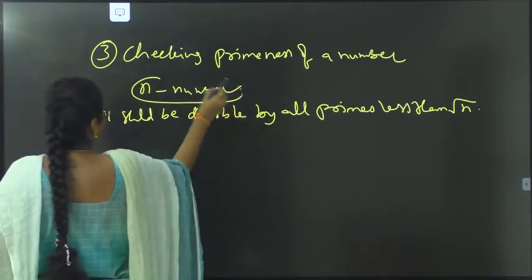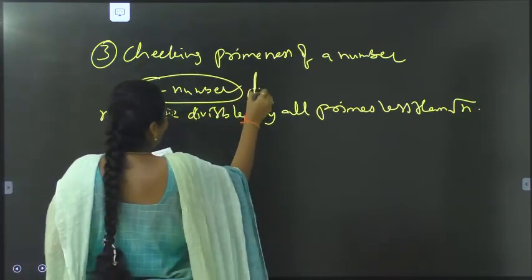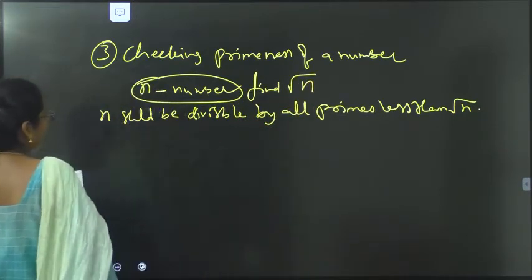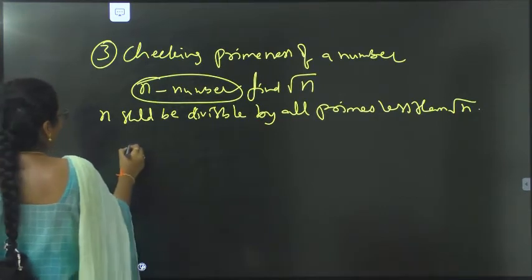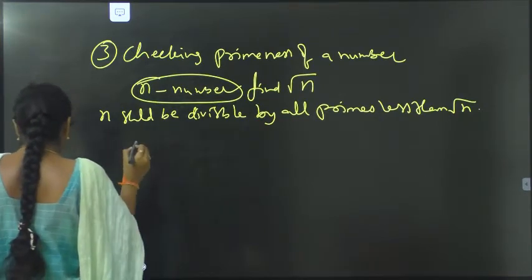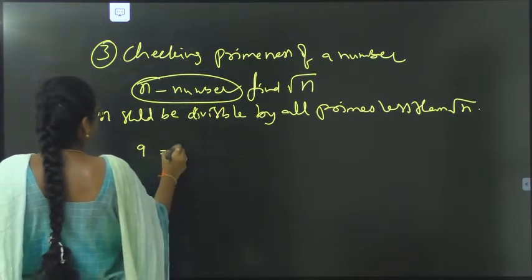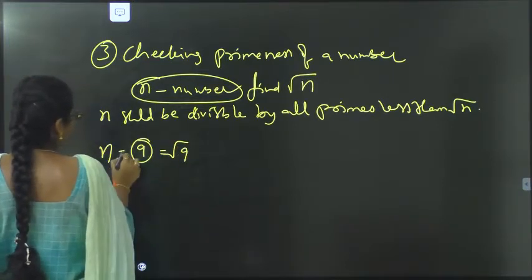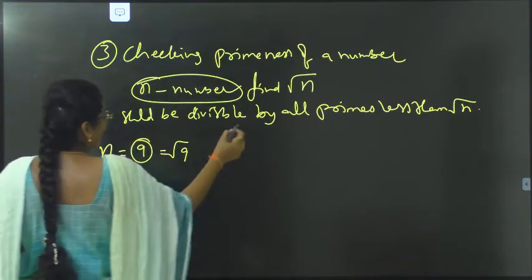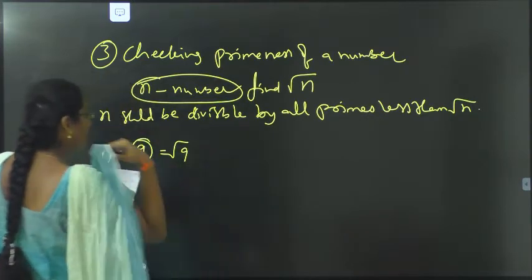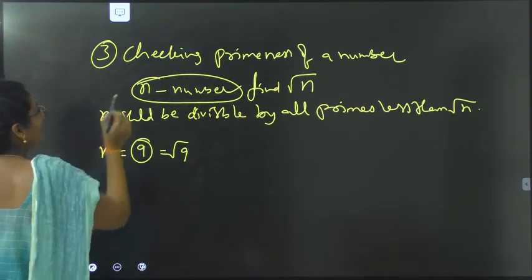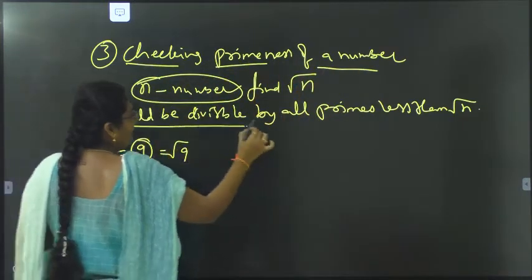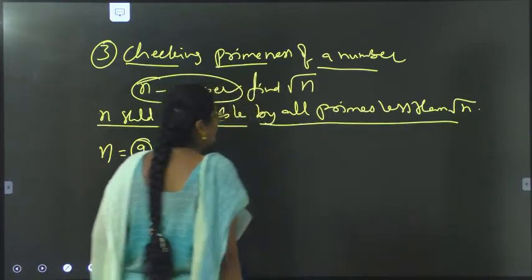N is the number, you should find the square root of n. So my number is 9. If my number is 9, I should find the square root of 9. Then if you want to check the primeness of any number, n should be divisible by all the primes less than root n.